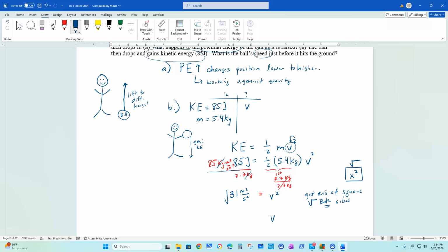So I'm going to square root, but I need to show that I'm square rooting both sides. Now, just a simple math lesson over here, when you take the square root of something with a square, the square root cancels out that square. So that's why I'm just going to have velocity. So this 31, when I take the square root, it's the same thing. It's going to cancel out the squares, not the meters and the seconds, just the square. Same thing right there. I just cross it out.